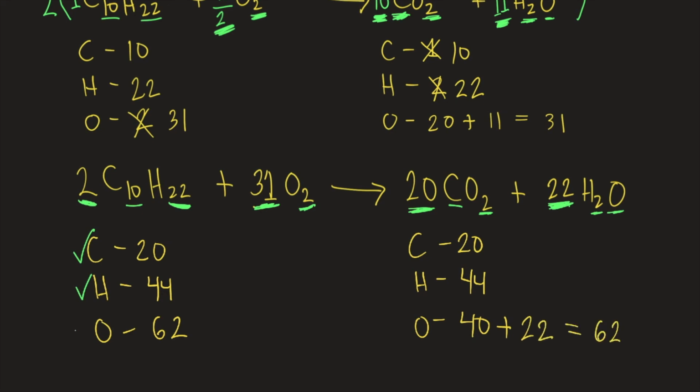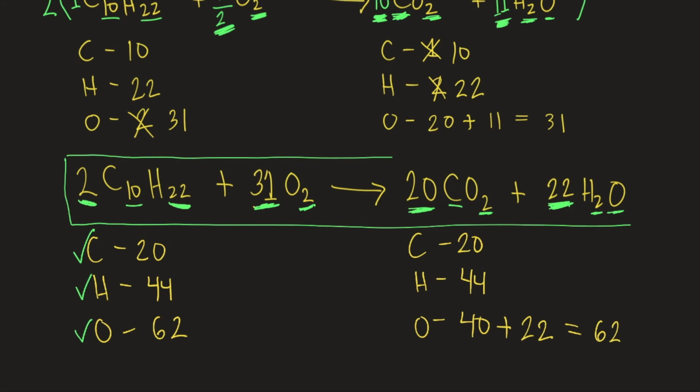So oxygen is also balanced. So technically, this reaction is balanced. So the answer to this question is this one: 2C10H22 plus 31O2. The products are 20CO2 plus 22H2O.